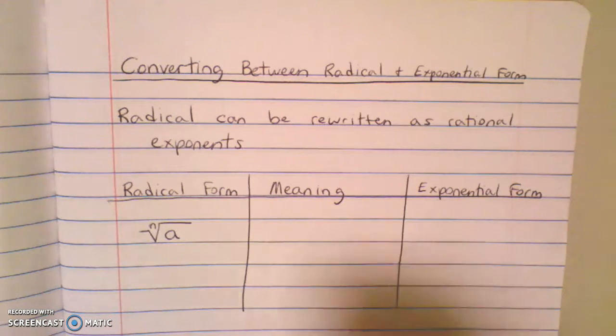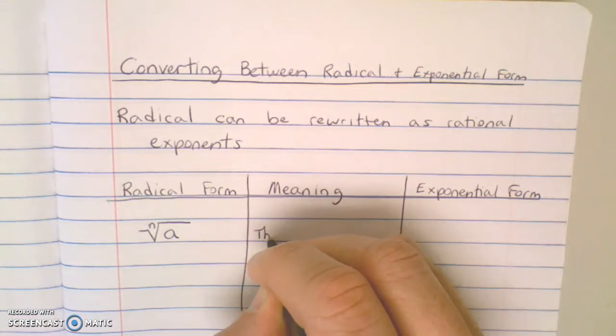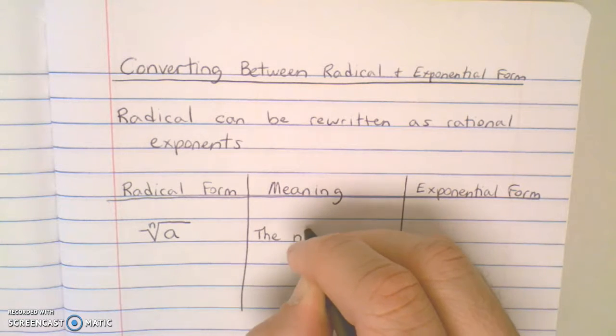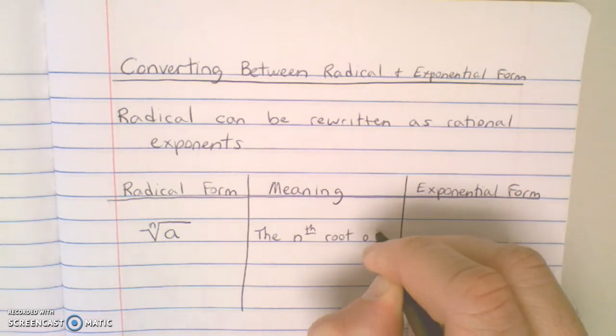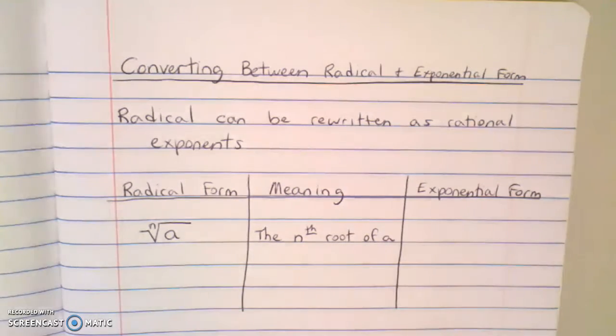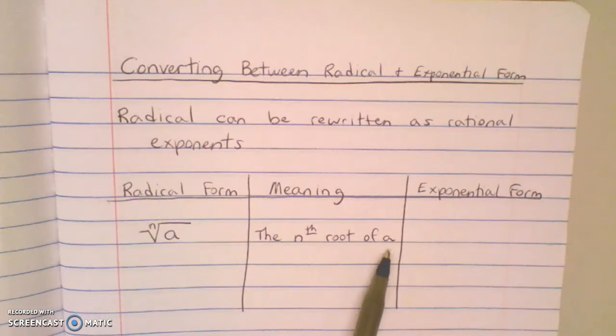And what that means, and we're just using letters right now, this means the nth root of a. So what number multiplied by itself gives you the value of a would be the square root. Or what number multiplied by itself 3 times to give you a is the third root of a.